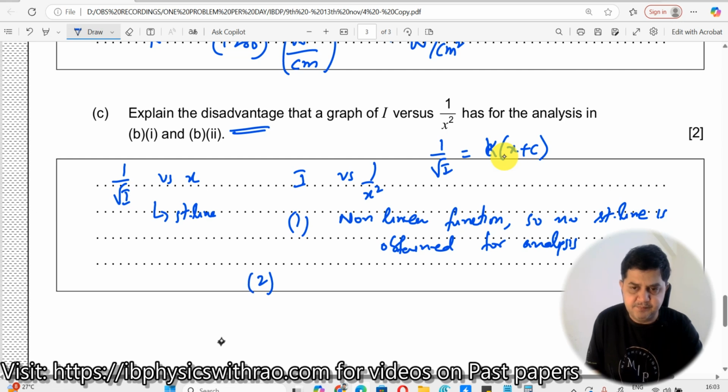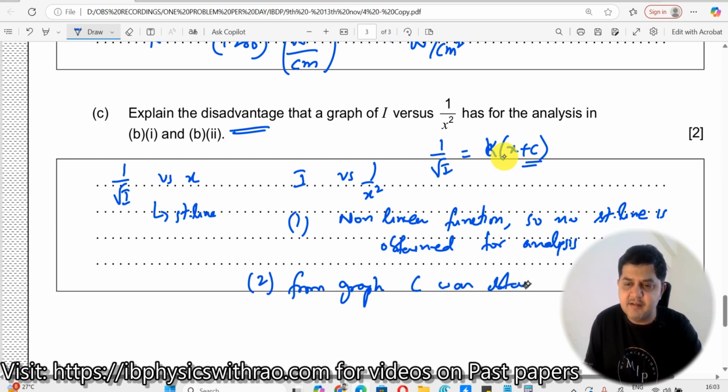The second one: when I do this one here, I got the value of c from the graph. C was obtained in handling 1 by root I is equal to k into x plus c.